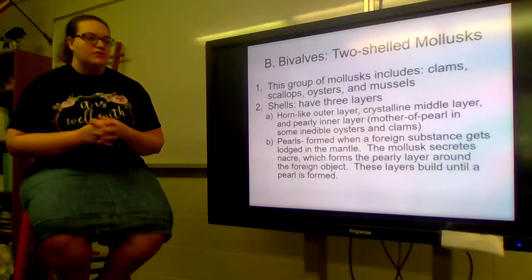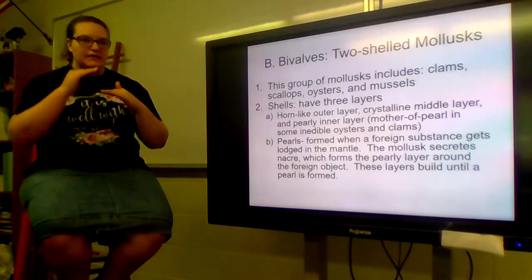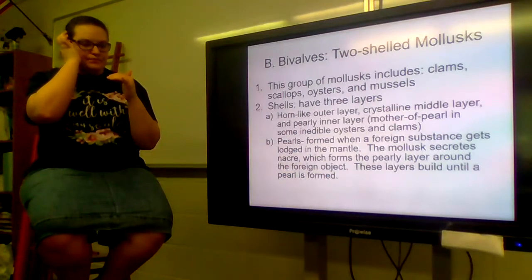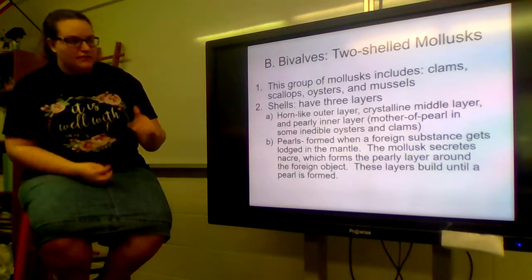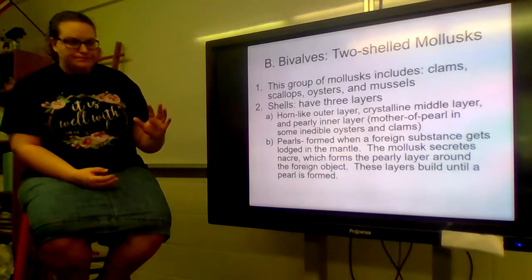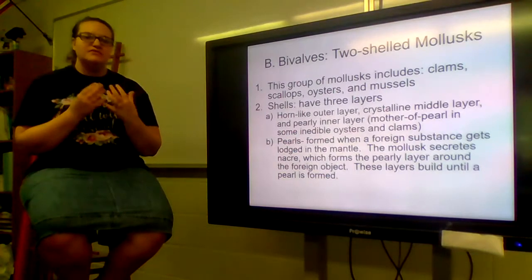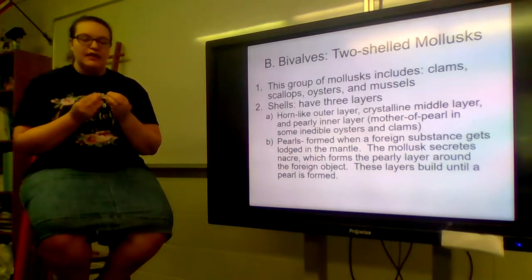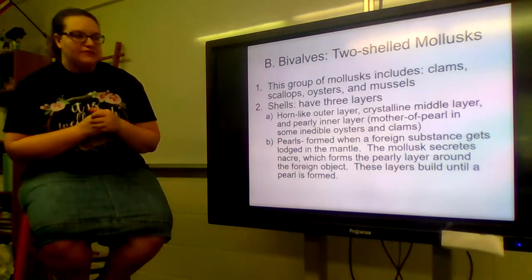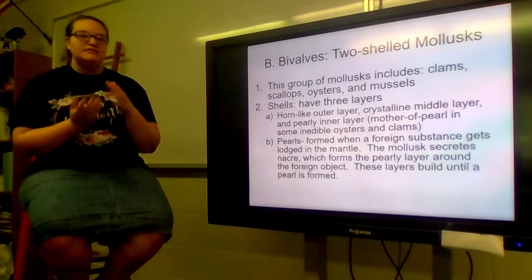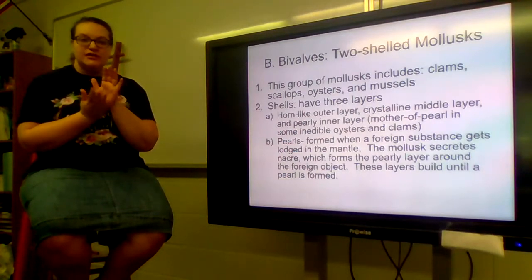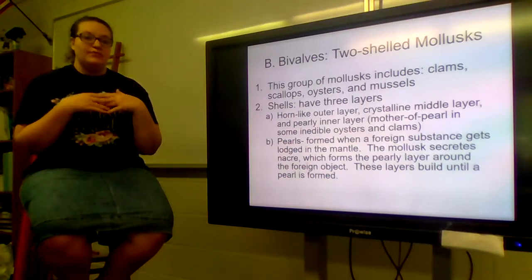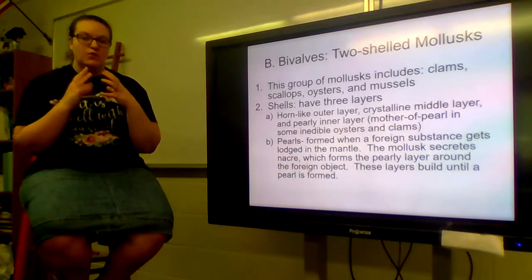It's layered on top of the mantle, and it starts with the pearly inner layer, which is a harder protective layer for that mantle. Then you have the crystalline middle layer, which is kind of a buffer between the outer shell and the inner shell. And then the horn-like outer layer, this is what we think of when we think of shells.